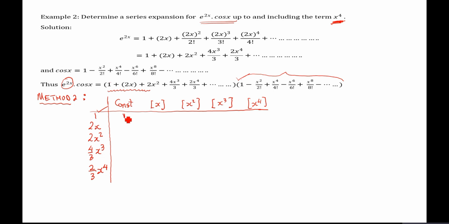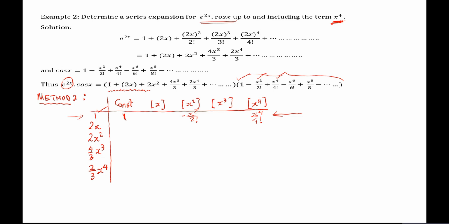So I'm putting all the answers for 1 in this row here. 1 times x squared over 2 factorial is x squared over 2 factorial. Then 1 times x to the power 4 over 4 factorial is x to the power 4 over 4 factorial. 1 is now complete, and each answer is in its correct term.